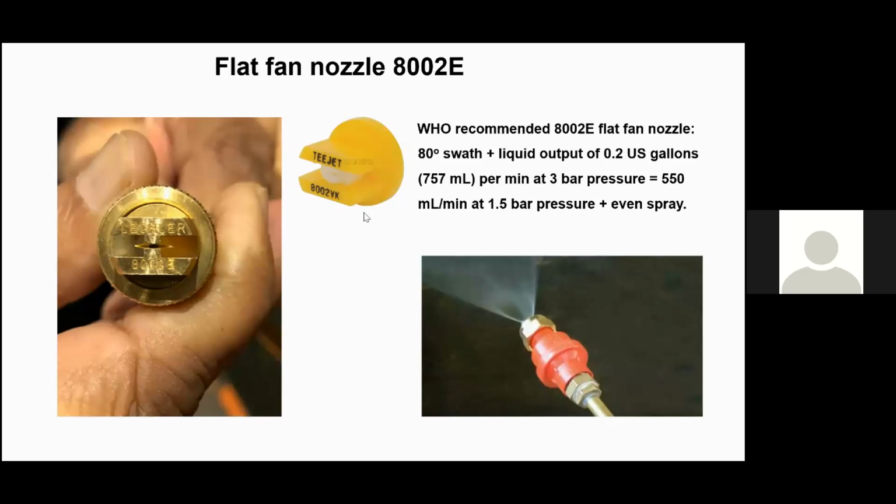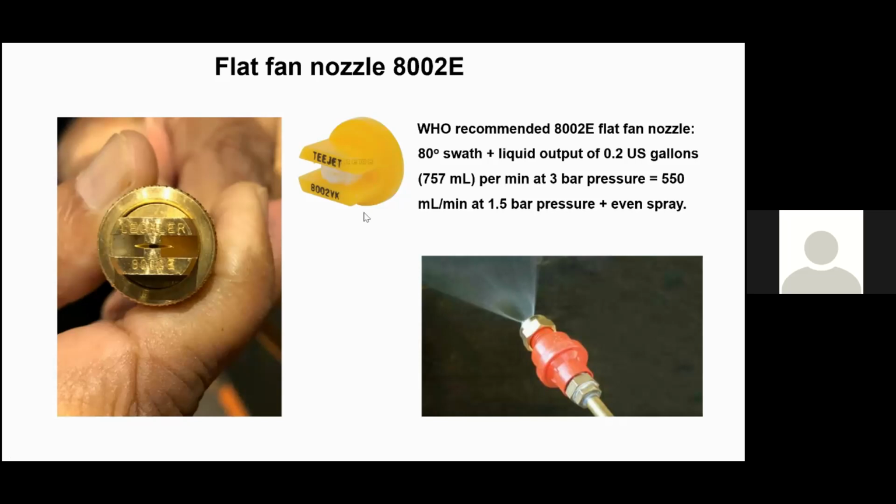0.2 US gallons, that is about 757 milliliter per minute at 3 bar pressure. But we are using 1.5 bar pressure, so it will give an output of 550 ml plus or minus 10 ml, and even spray.